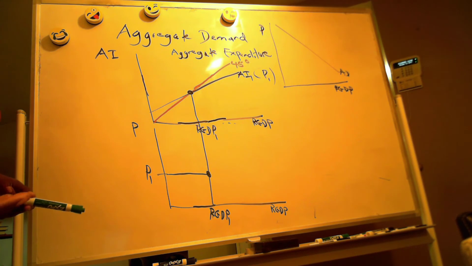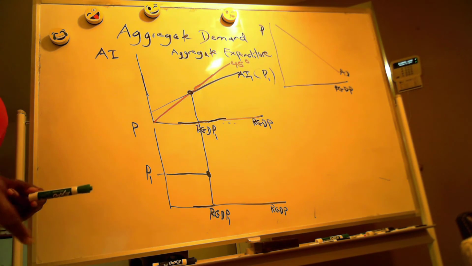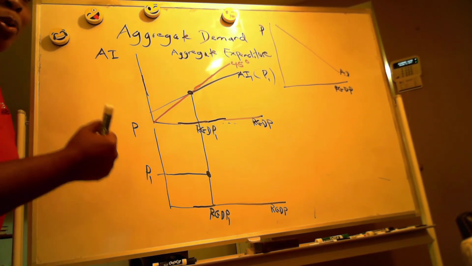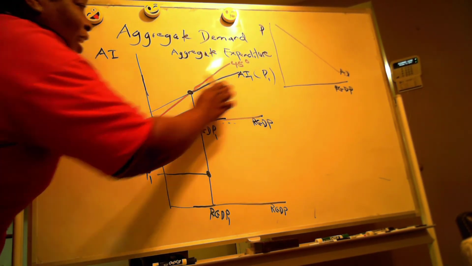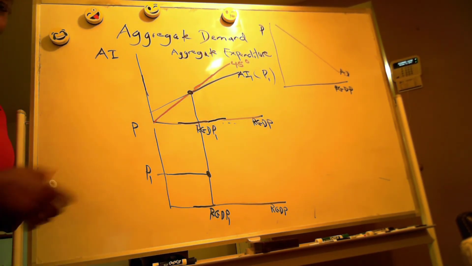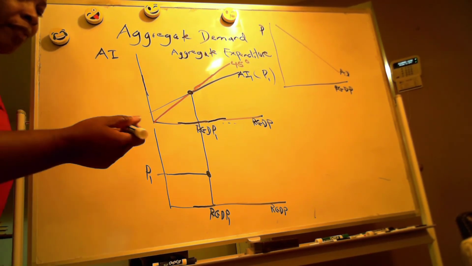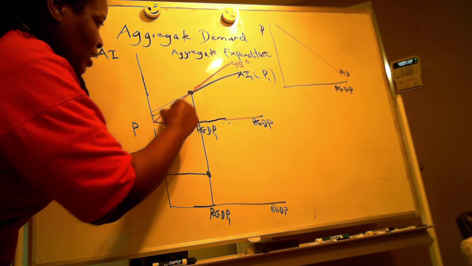If things are more expensive, then we're able to spend on less things. If prices go up, all the units in the economy cannot buy as much. I'm trying to let you know, if we made prices go up, this aggregate expenditure in the economy would have to go down. So if I raised up the price, this would happen.